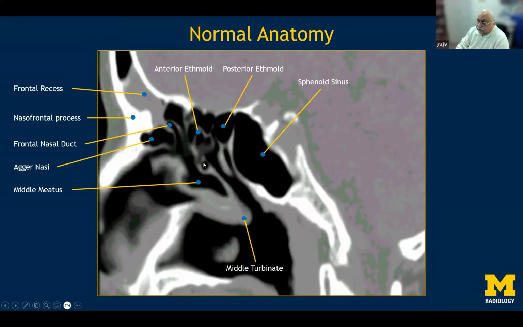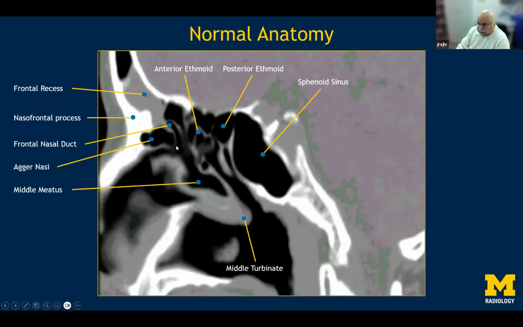So the basal lamella, which is the attachment of the middle turbinate to the roof of the ethmoid sinus, is a leading landmark which we need to go back and assess. Anything posterior to the basal lamella are the posterior ethmoid air cells. And the anteriormost cells in the anterior ethmoid sinus are termed the agger cells.